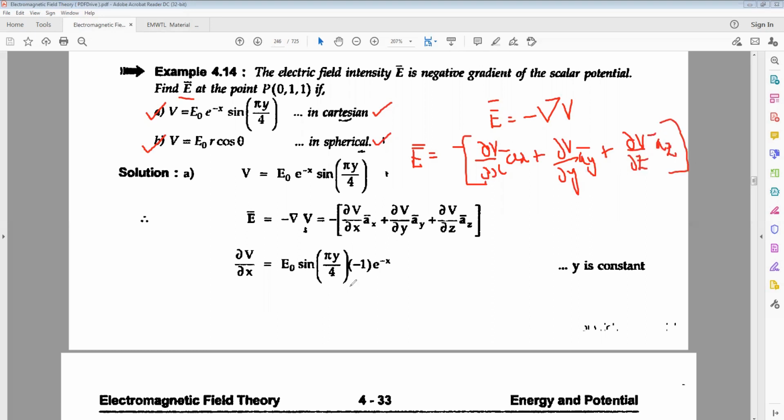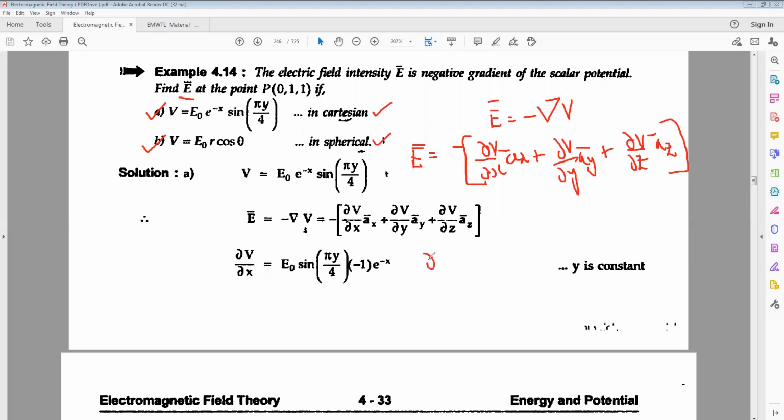This is the formula for the gradient of V in the Cartesian system. The given function is V equal to E naught e power minus x sine pi y by 4, with no z term.